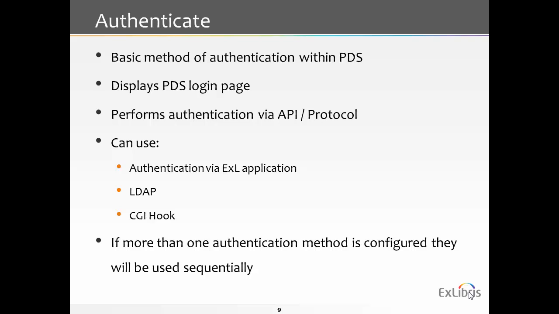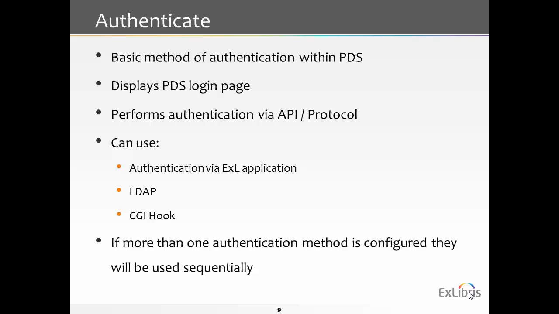And then PDS performs the authentication via an API or a protocol. For instance, it can call a sign-on API from one of the Ex Libris applications. If a user is in Alma, then PDS can call an API to Alma, requesting Alma to authenticate the user. This is one example. Another example is using the LDAP protocol.